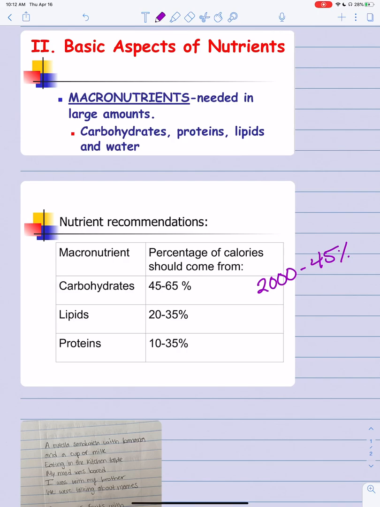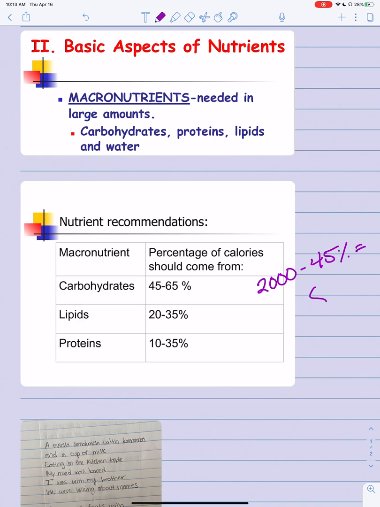So now I would have to use my calculator and figure out, of my 2,000 calorie diet, 800 calories should be from carbohydrates. Okay, so that's just a rough estimate, and it's again a percentage that we're working out there.